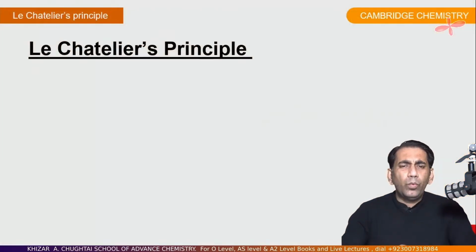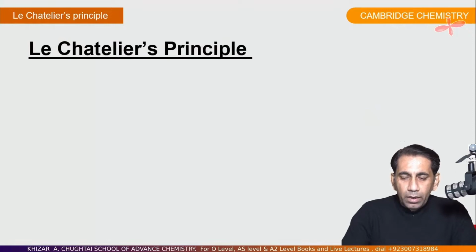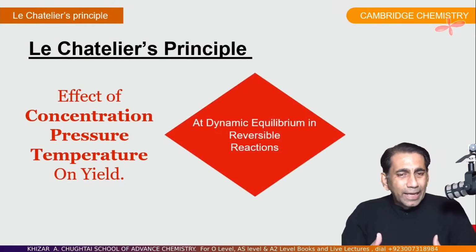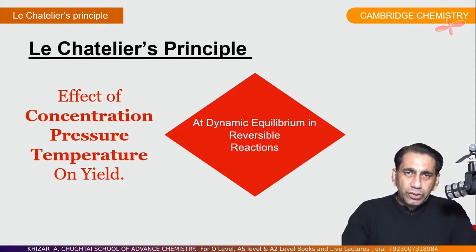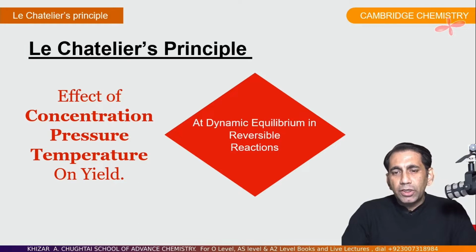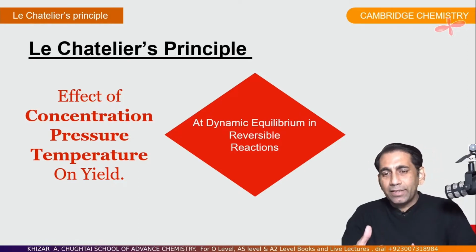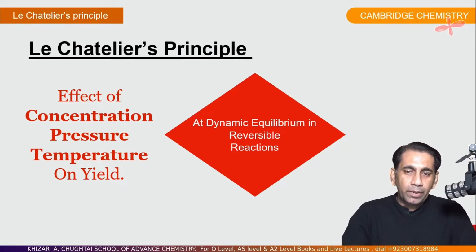First of all, what is Le Chatelier's principle? Le Chatelier's principle explains the effect of concentration, pressure, and temperature on the yield of a chemical reaction when a reversible reaction reaches the stage of dynamic equilibrium.